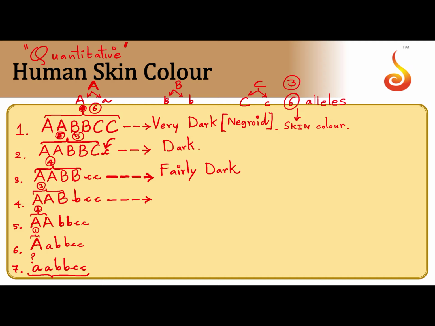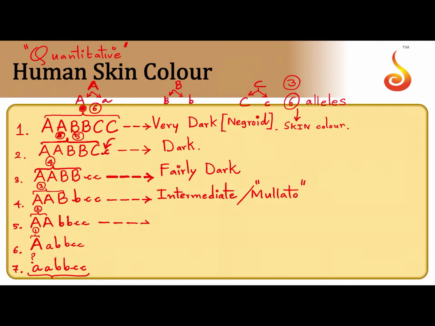Isn't it equal, children? 3 of them are dominant, 3 of them are recessive. So we say that this is intermediate skin color. And this intermediate skin color is also called the mulatto. The mulatto skin refers to somewhere which is bordering between light and dark, that is intermediate. Why? Because the number of dominants is equal to number of recessives.